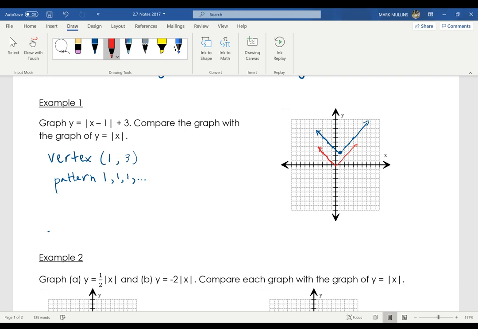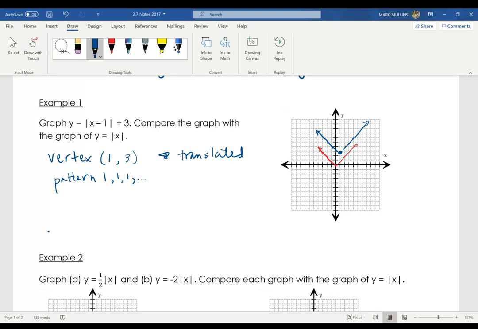So if I had to compare this, I would say that it has been translated because I did not change the shape, size, or orientation. I only moved it, so it's going to be translated. Let's see, it went 1 unit to the right because I had an x minus 1 here.